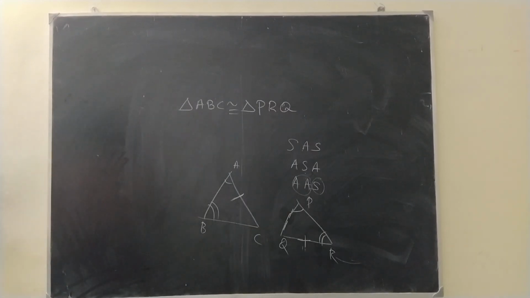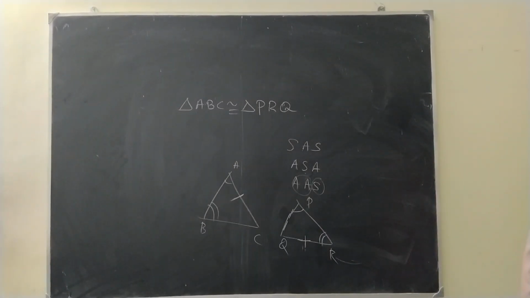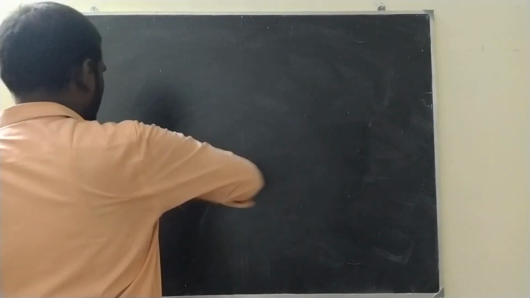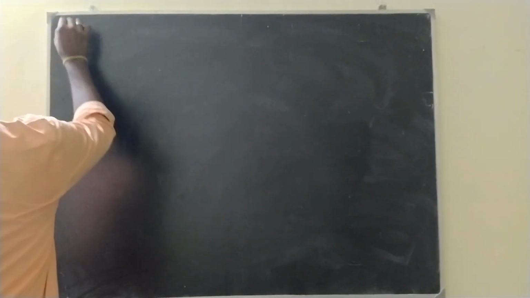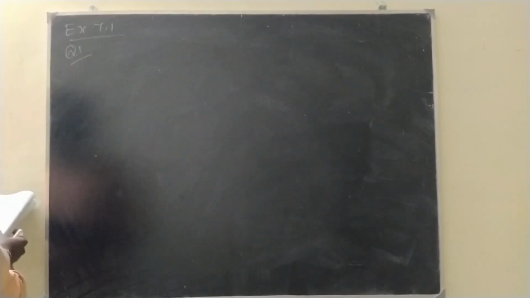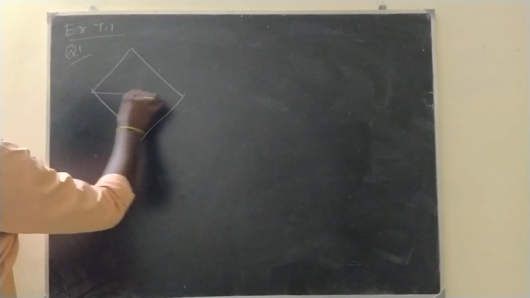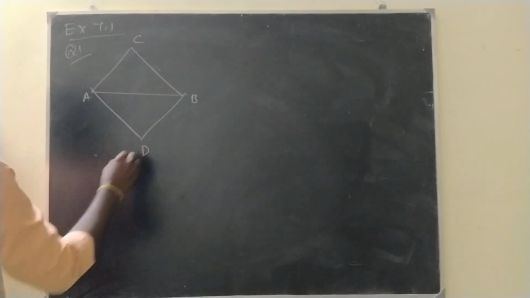Okay. Exercise 7.1, question number 1. In a quadrilateral ABCD, the name of the quadrilateral is ABCD.